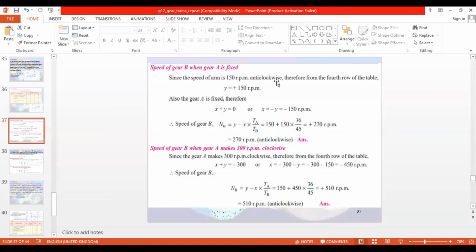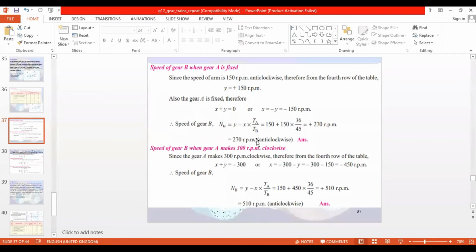If 150 is anticlockwise and positive, then 270 anticlockwise is also positive. If it were 270 clockwise, the answer would come in minus.